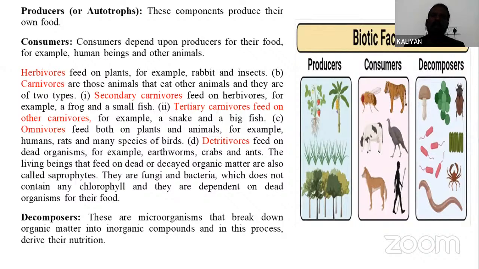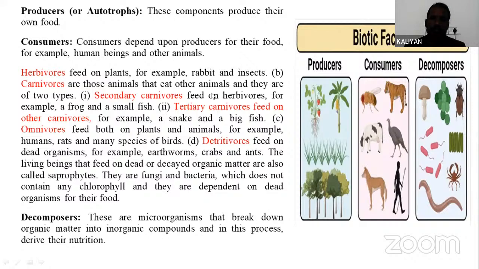Producers produce their own food, for example plants. Consumers depend on the producers for their food, for example animals and humans. Decomposers are microorganisms that break down organic matter into inorganic compounds, and through this process derive their nutrition.